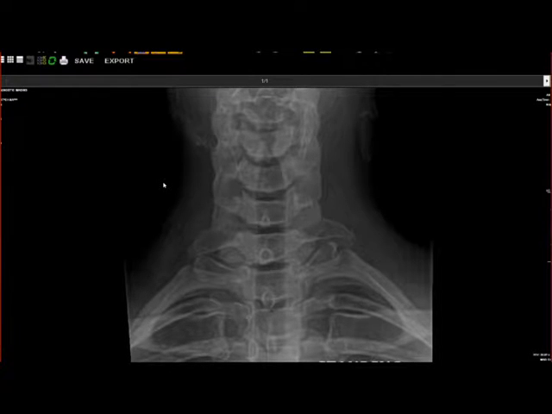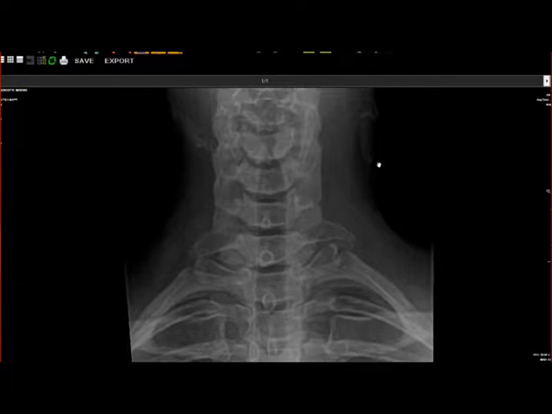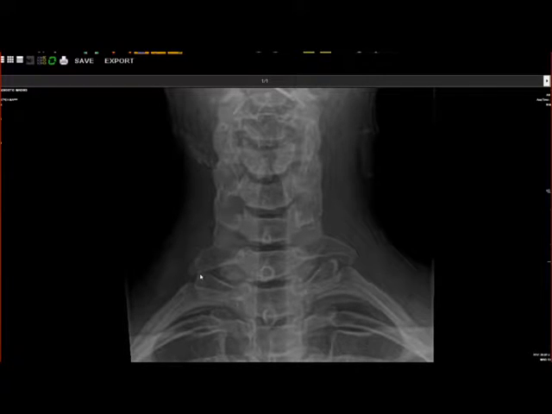So here we are at the AP cervical, and here's our C7 vertebra, and you'll notice that the transverse process on the right extends beyond the transverse process of the vertebra below, so that qualifies as an elongated transverse process on the right.